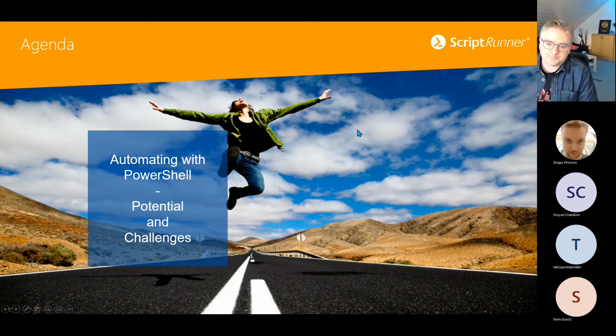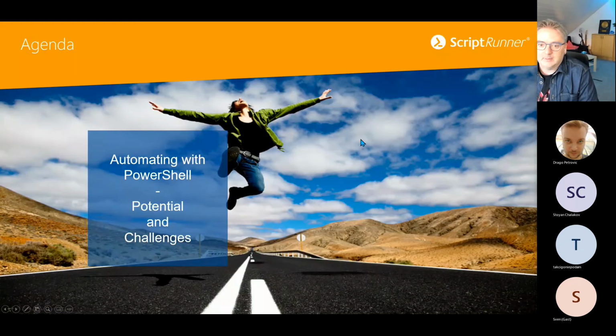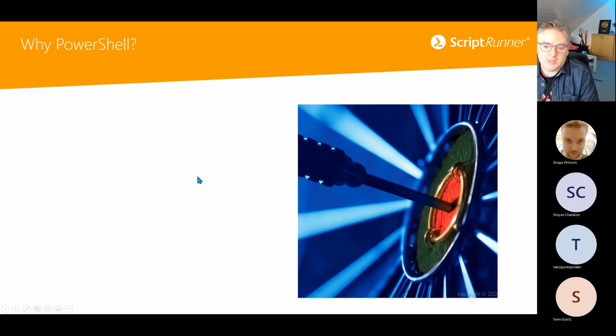And in the second part, we're going to take a look at how ScriptRunner can help you to unlock the power of PowerShell, in the sense of really making it not just a command line interface thing and a great technology, which it is, of course, but also something that other people in your organization can really benefit from.